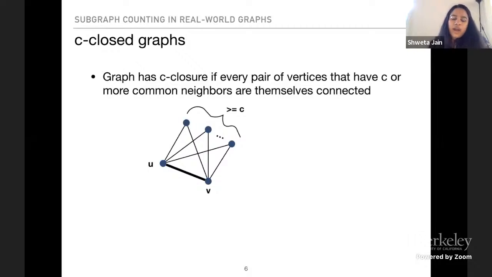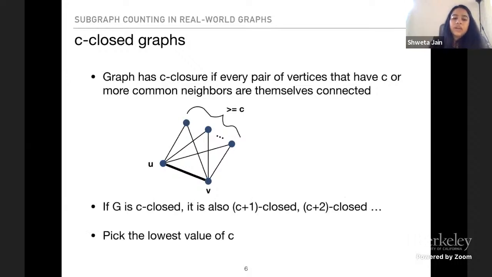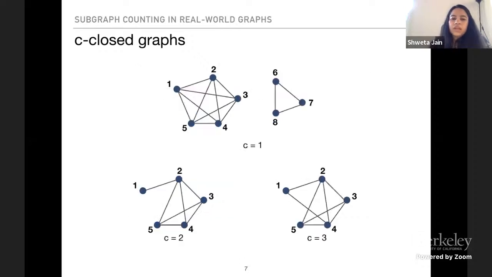That means if you have two vertices, u and v, which have c or more common neighbors, then there has to be an edge between u and v. If G is c-closed, then it is also (c+1)-closed, (c+2)-closed, and so on, so we pick the lowest value of c. Here are some examples. For c equals 1, it's a disjoint union of cliques. You can have c equals 2, c equals 3, and so on.